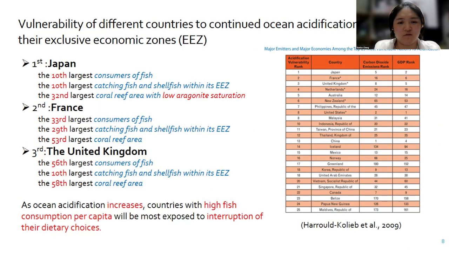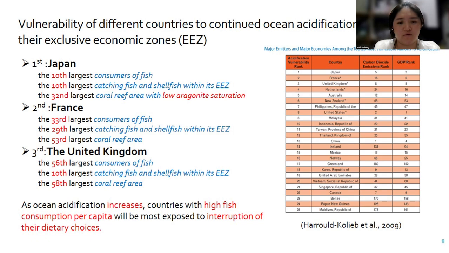Besides that, nations with large coral reef areas or that catch and consume large amounts of fish and shellfish, and those located at high latitudes are likely to be the most vulnerable to ocean acidification.